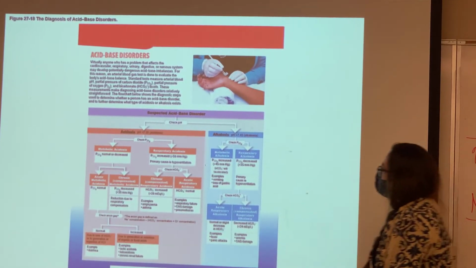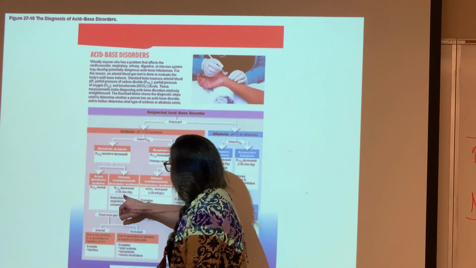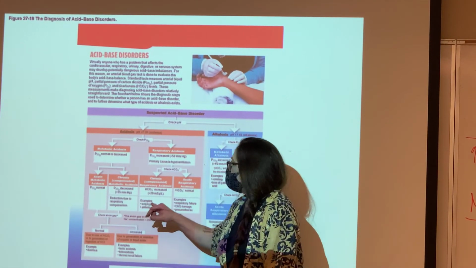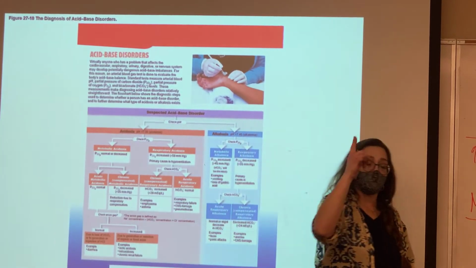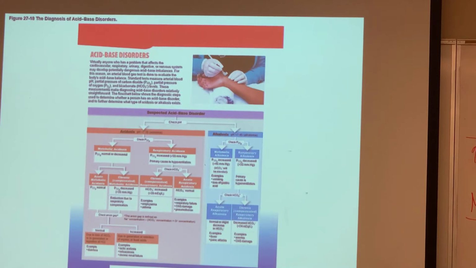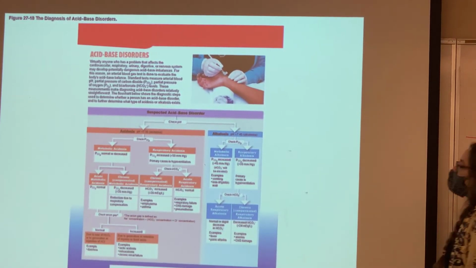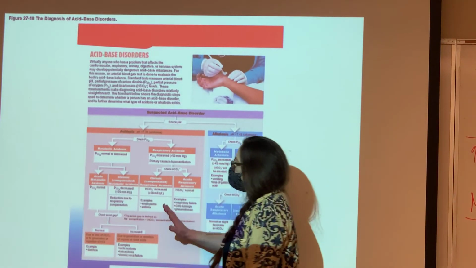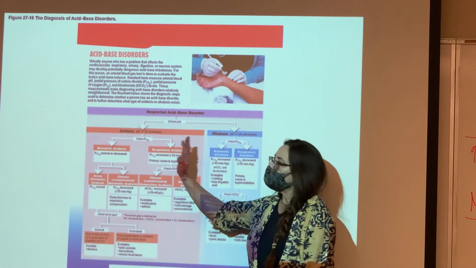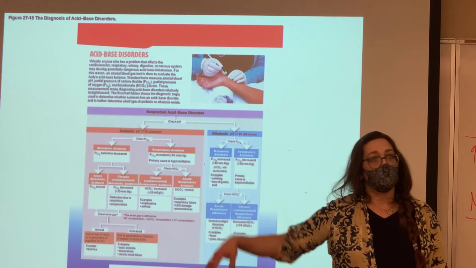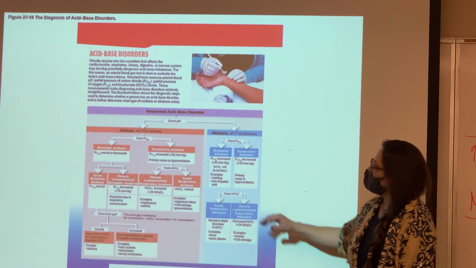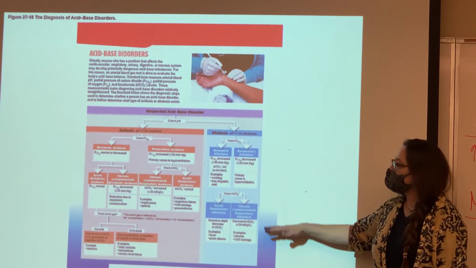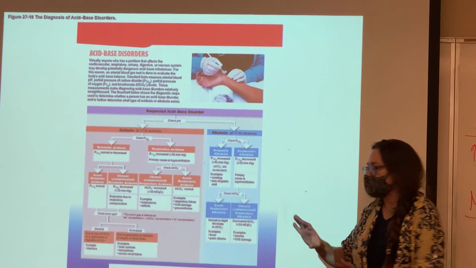If their CO2 levels are too high, then it could be respiratory acidosis. Okay? And if their CO2 levels are normal, then chances are that you're looking at a metabolic state. And then you can do the same thing with the alkalotic state. You check pH, you check your gas levels, and then you can very quickly put it into the right category.